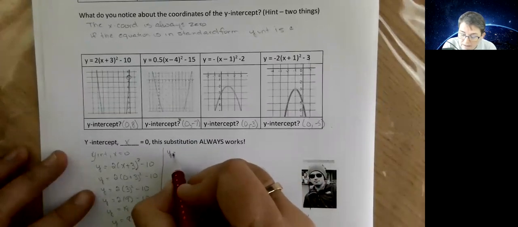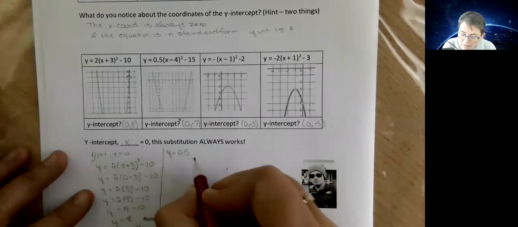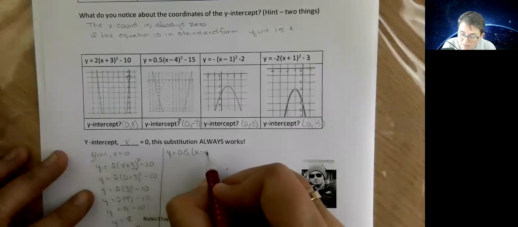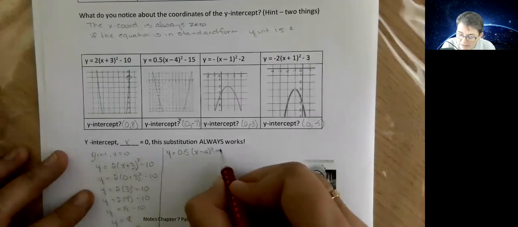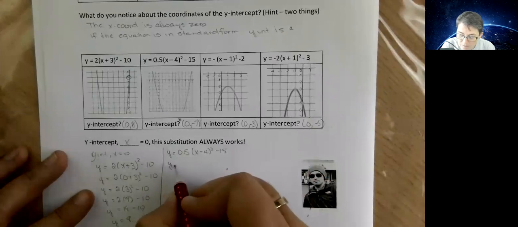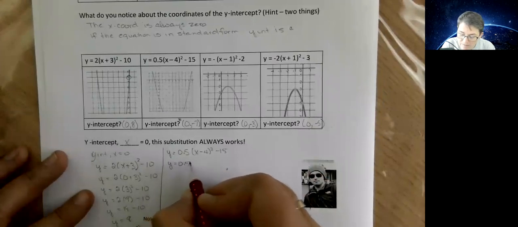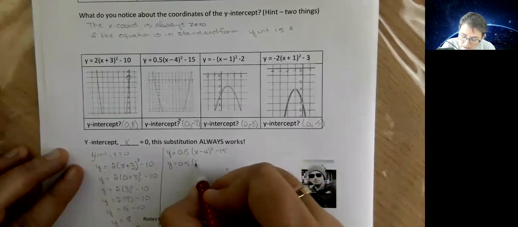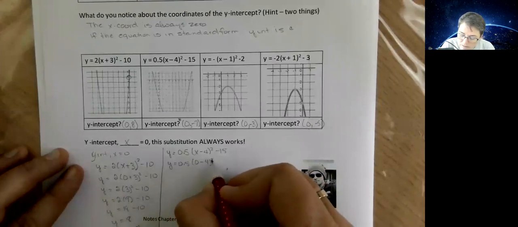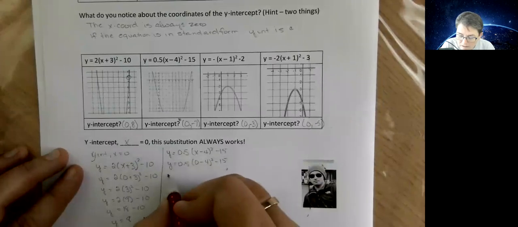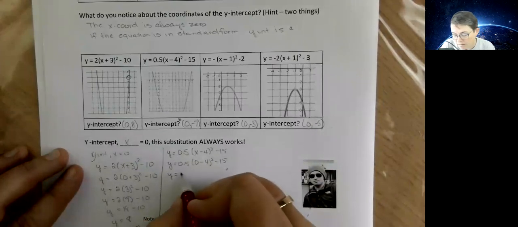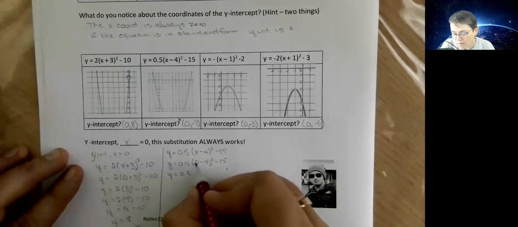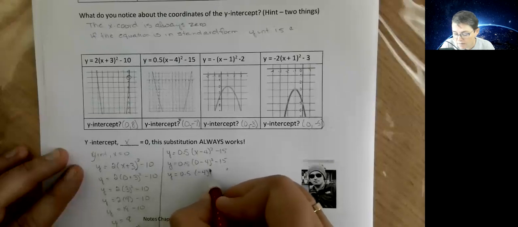So y is equal to 0.5(x minus 4) squared minus 15. We're doing the y-intercept, so x is 0. You just plug it in. Y is equal to 0.5 times (0 minus 4) squared minus 15. 0 minus 4 is minus 4, squared.